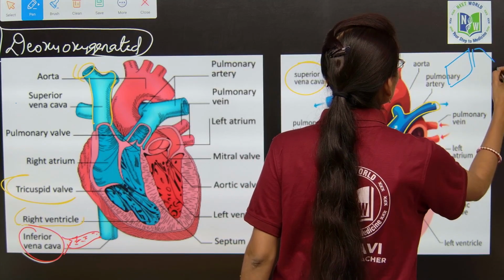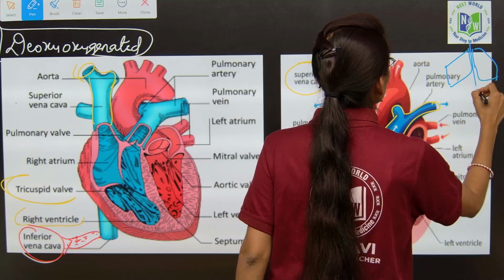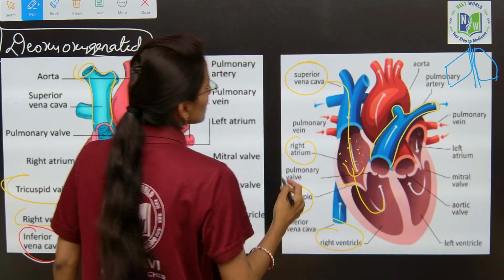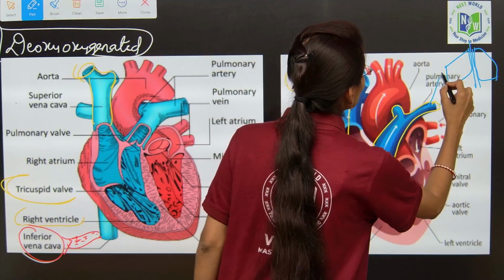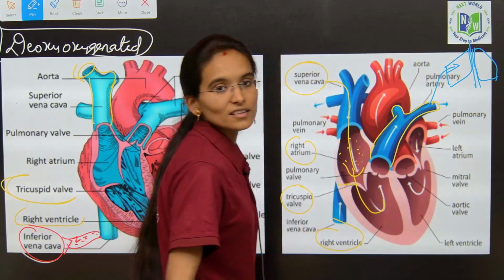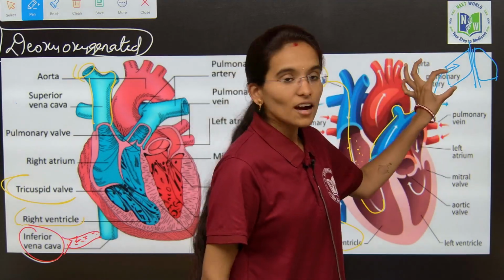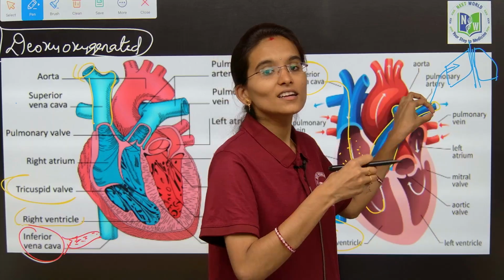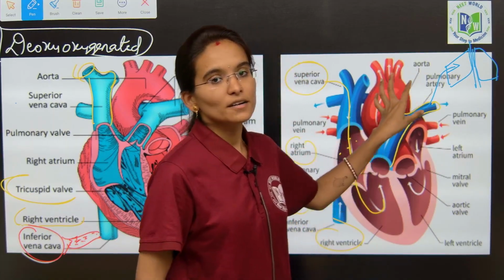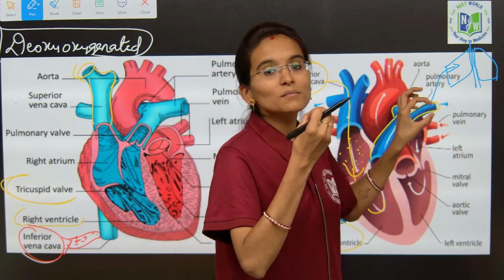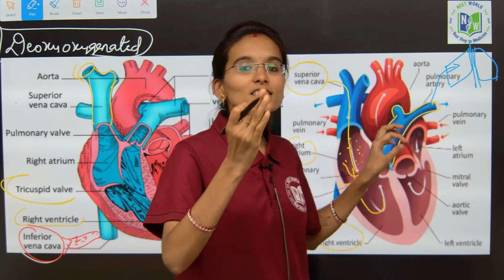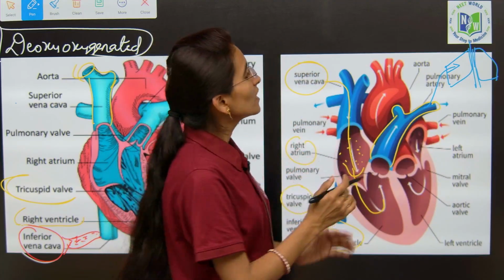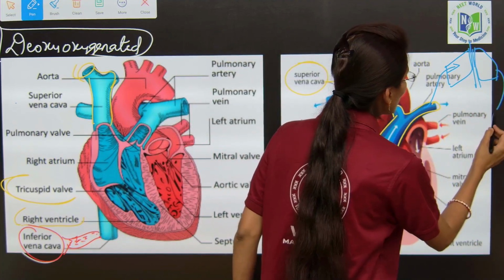Clear now? So, this pulmonary artery is connected to the lungs and it contains the deoxygenated blood, and the blood becomes oxygenated. The oxygenated blood is transported by the pulmonary vein.